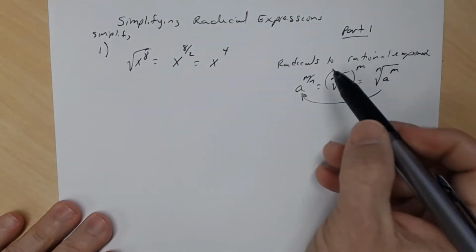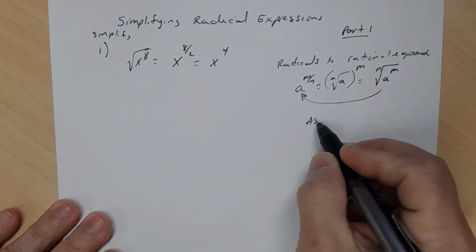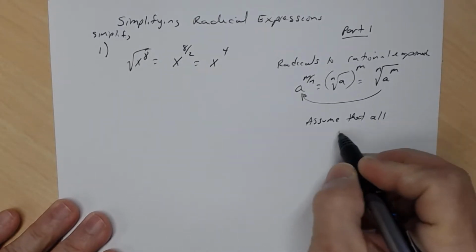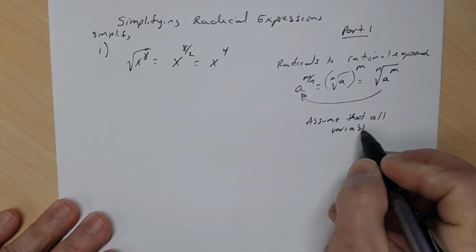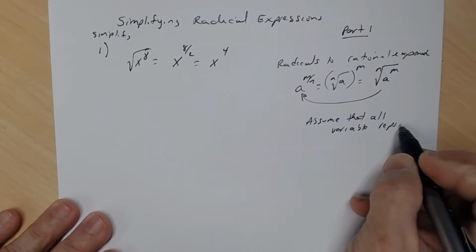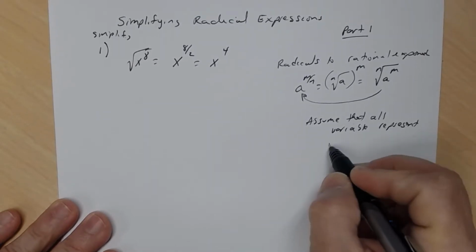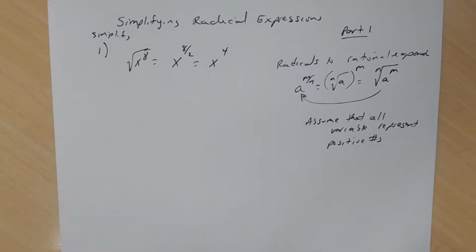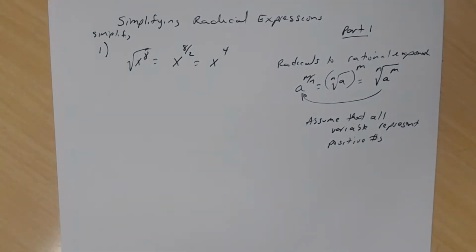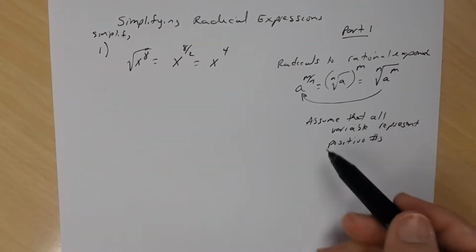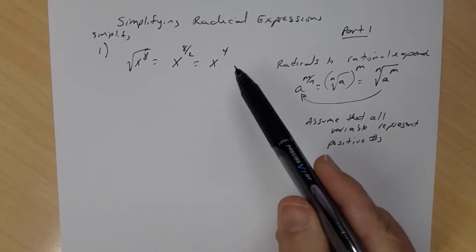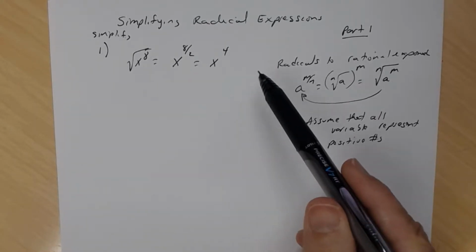We're going to assume that all variables represent positive numbers, because if it could be any number, we would have to insert absolute value bars in some cases.